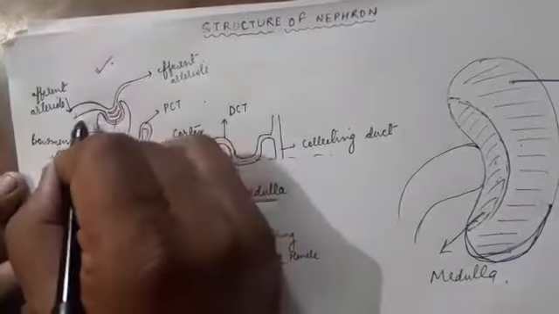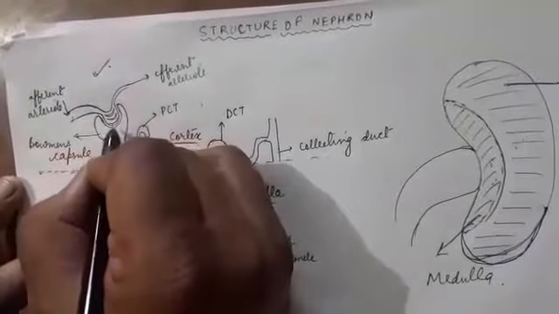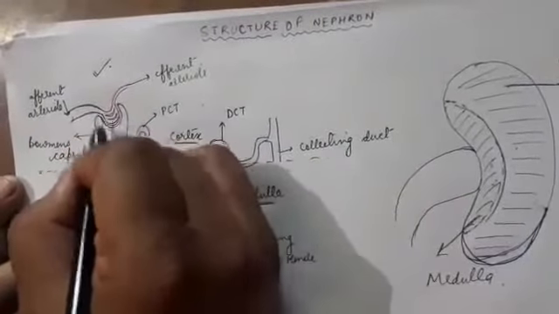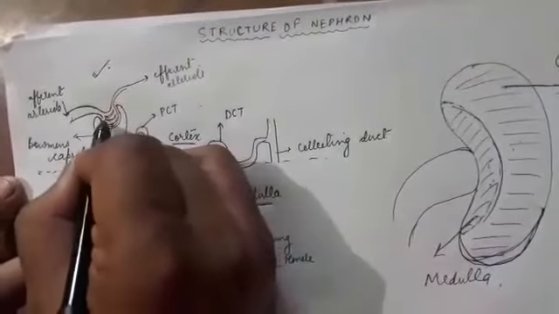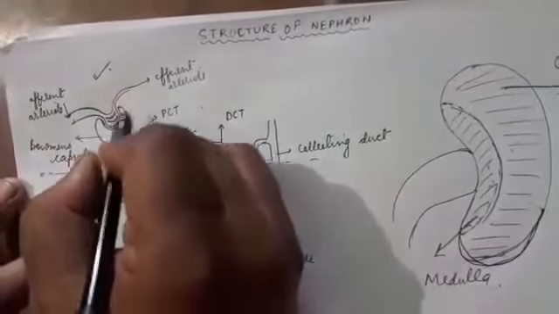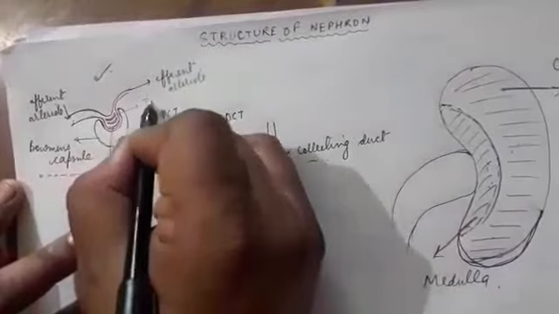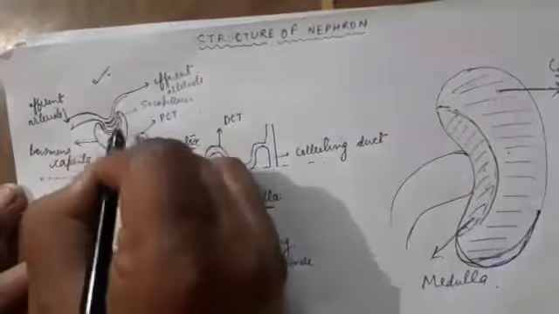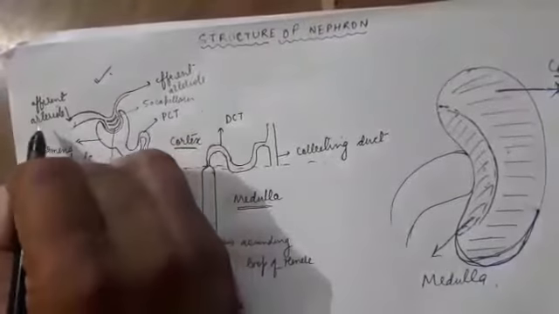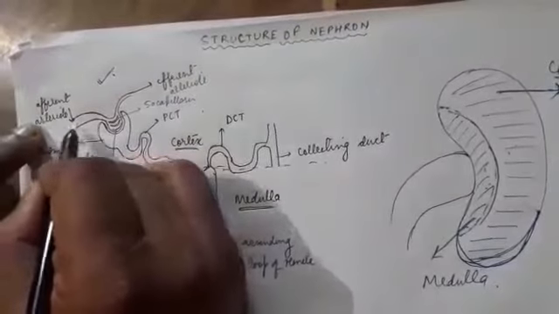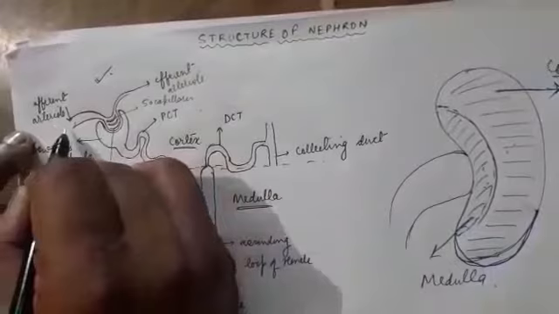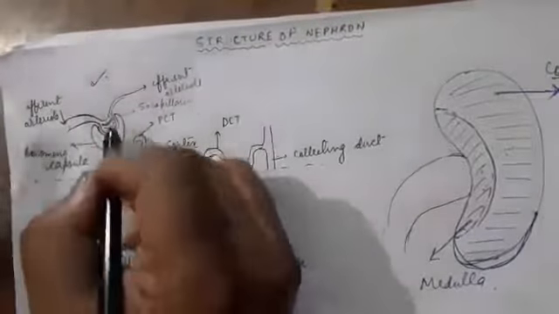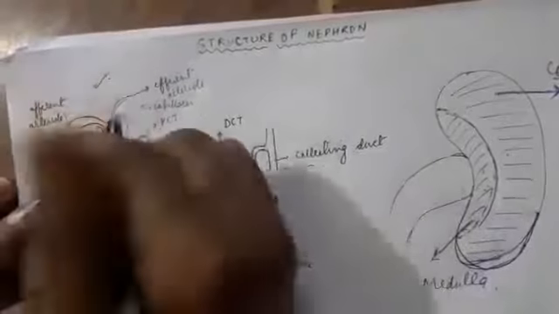Now here, when the arteriole enters the Bowman's capsule, there are numerous blood capillaries which get coiled around each other. There are around 50 capillaries over here, which make a tuft, a bunch. Whenever the blood is taken into the Bowman's capsule by the arteriole, it clusters over here.